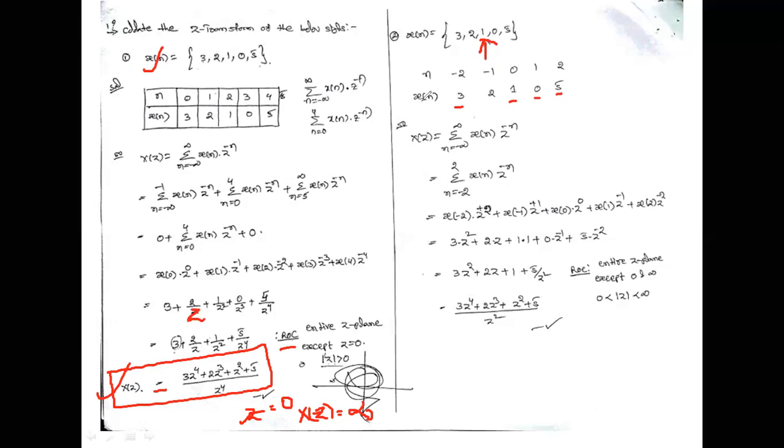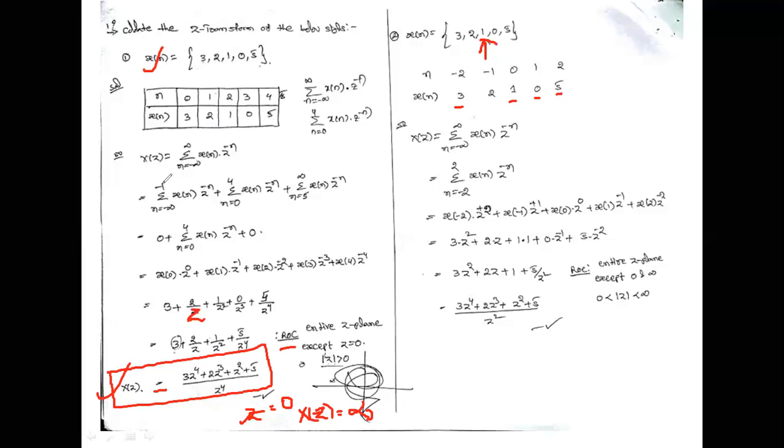So with these values of x of n, the function, substitute into the definition of the z transformation: X of z is equal to the sum from n is equal to minus infinity to infinity of x of n z power minus n. We take the range only.